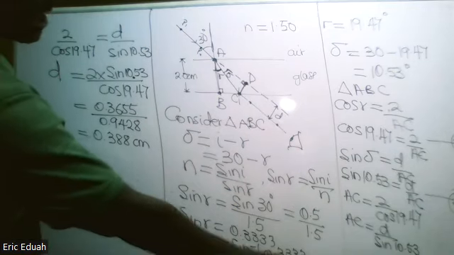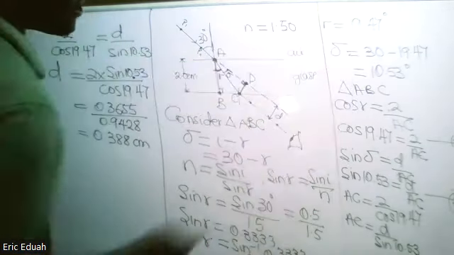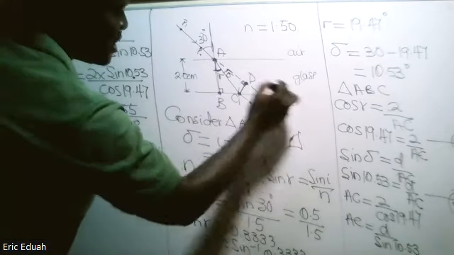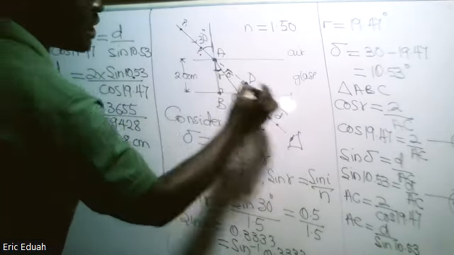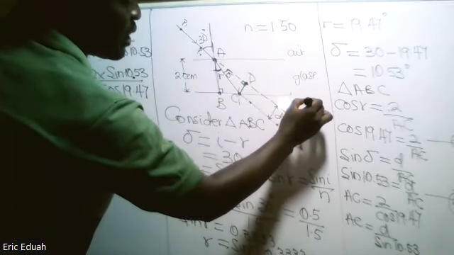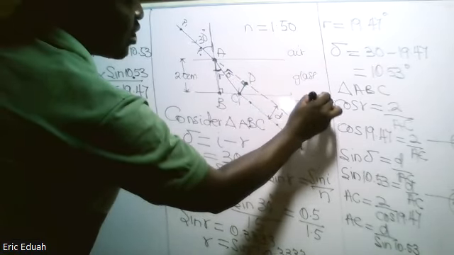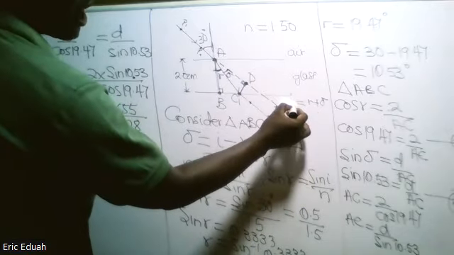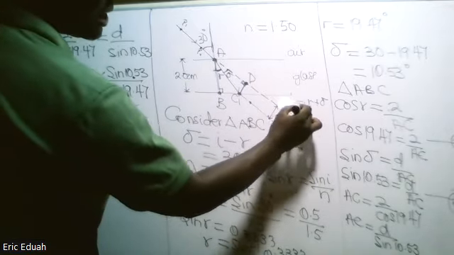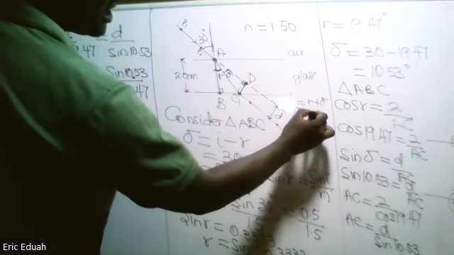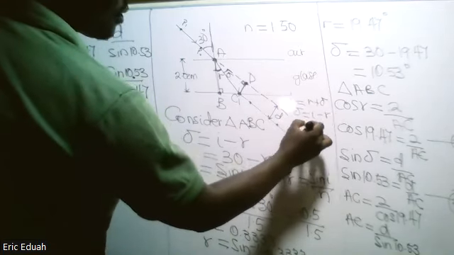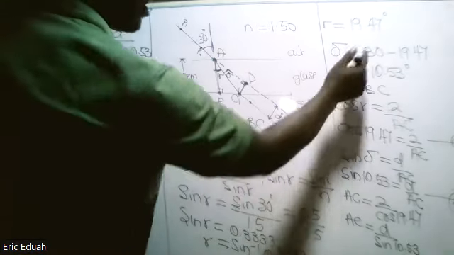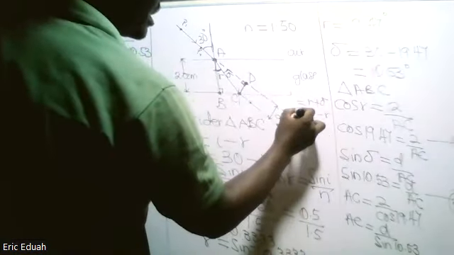Okay, and that gave us 19.47. But you know that angle of incidence is equal to angle of refraction plus angle of deviation. So once you have R and you have I, Irene, can't you determine sigma, the deviation? Yes, please. Good. So 30 minus the value of R would give you sigma.